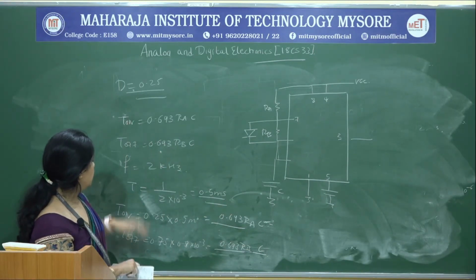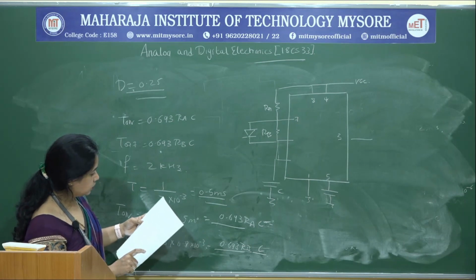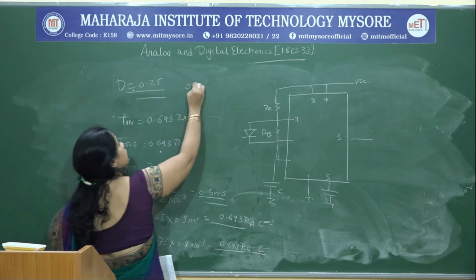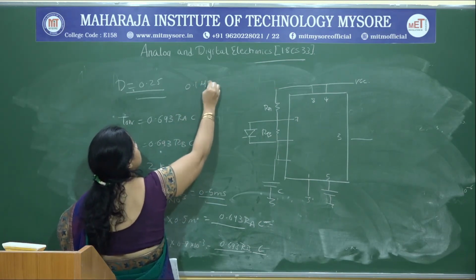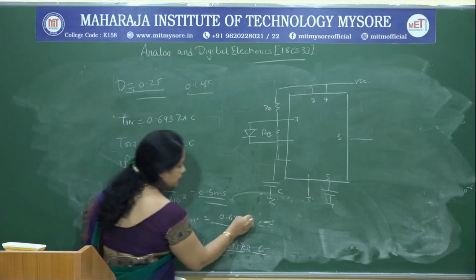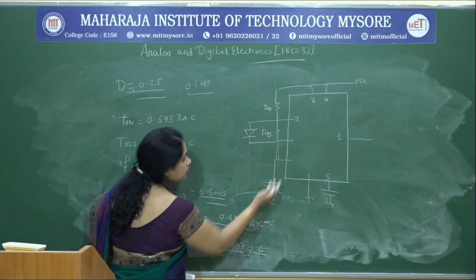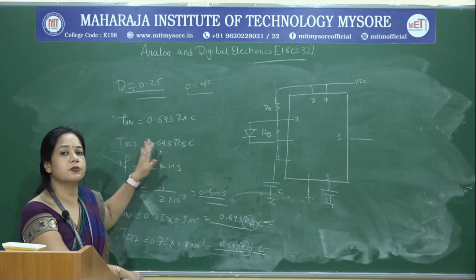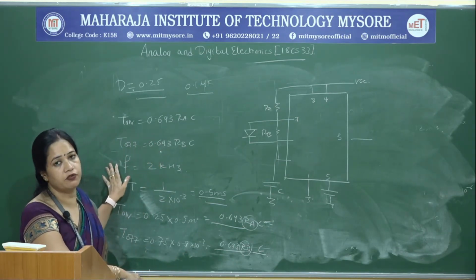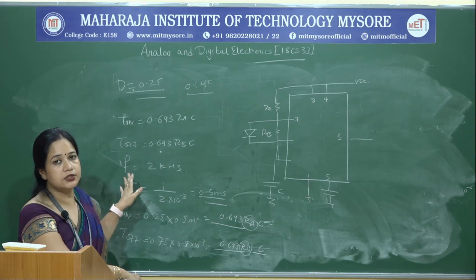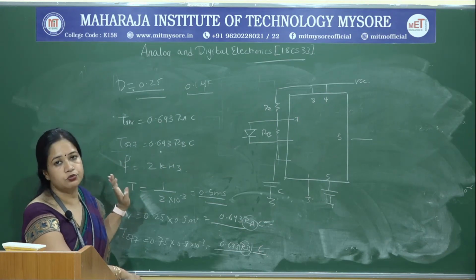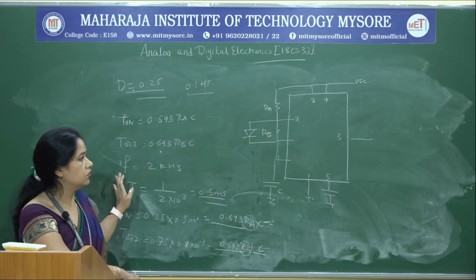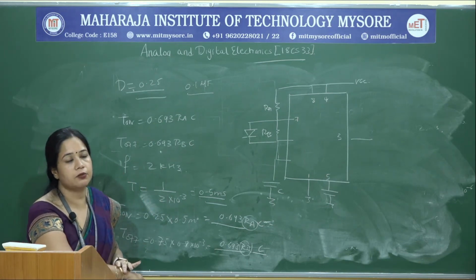Substitute the value of C; let us assume C is 0.1 microfarad. Arrive at the values of RA and RB, and accordingly you will get an astable multivibrator which has been designed for a duty cycle of 25%. So, you could be asked similar problems. You should be able to design for the given requirements.